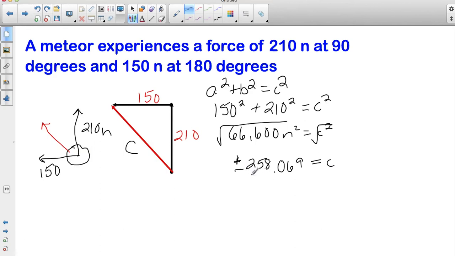Well, I hope we remember significant figures now. We only have two significant figures in both of our numbers, so now we have to round this. So this is going to be 260 newtons is equal to c, or I'm going to call it our force, in this case, our total force.